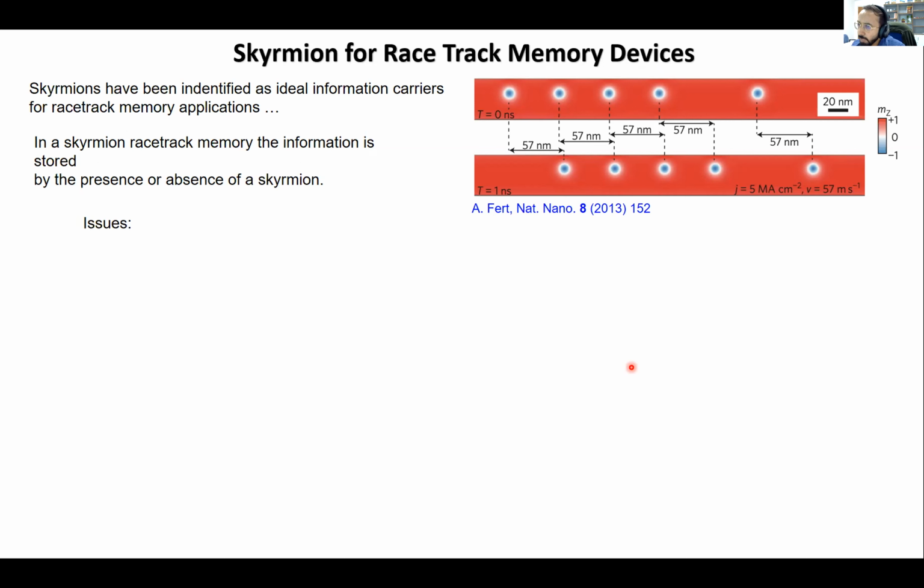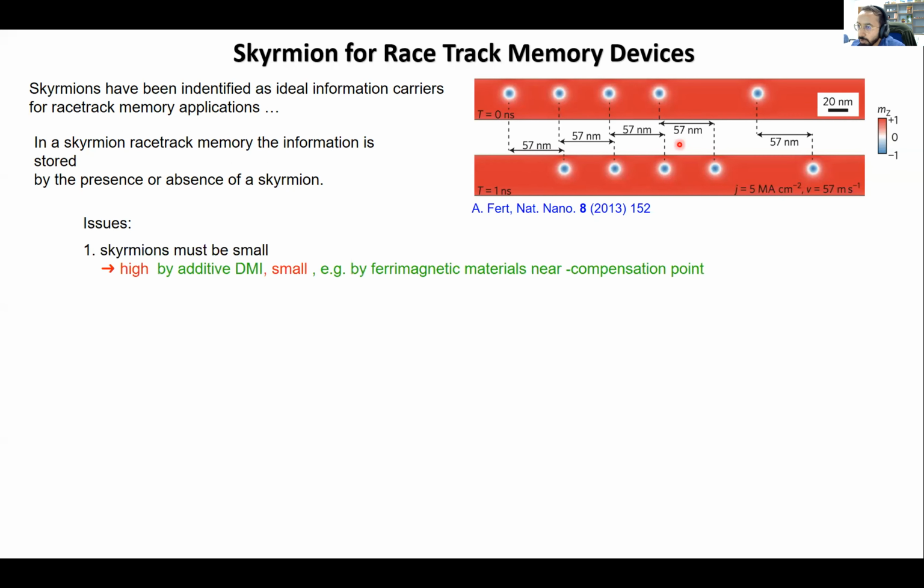Now, at the device scale, if you think of a racetrack memory, as you can see here, the issues observed so far were, first, that the skyrmions must be small. We want that, and it is difficult to obtain small skyrmions in a variety of materials, only in certain kinds of materials, probably using additive DMI and so on.